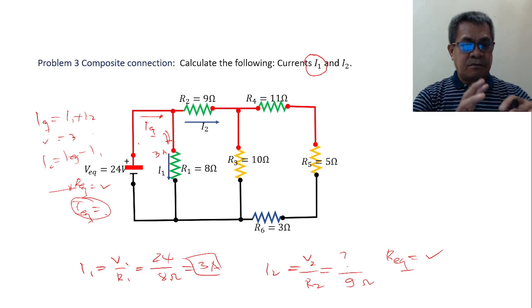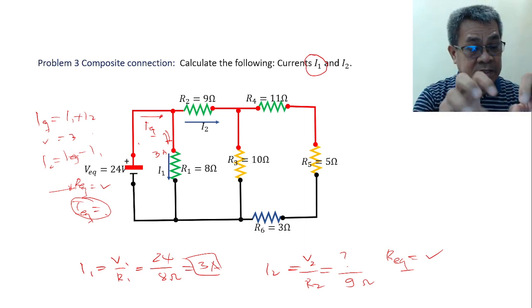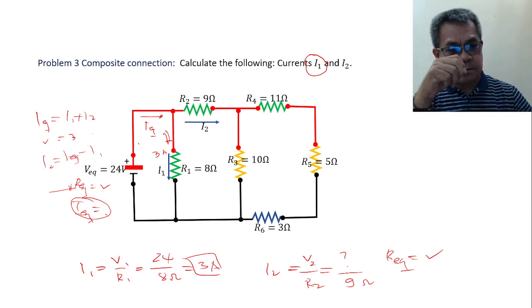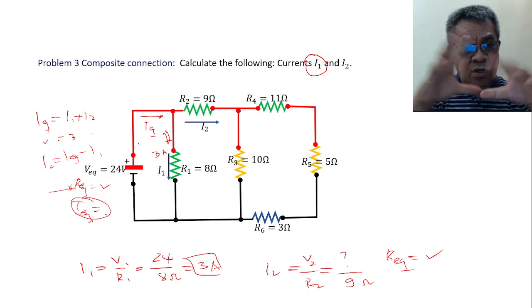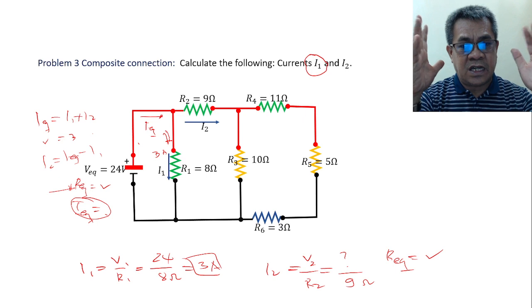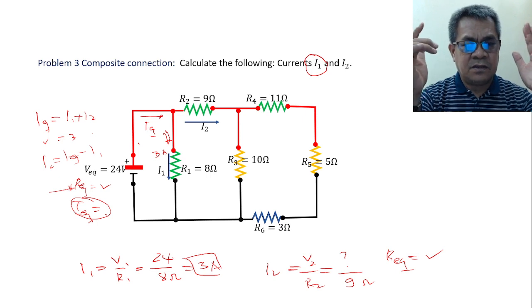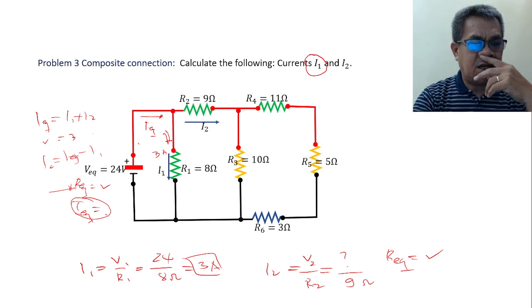So in short, we badly need to compress the circuit, because we want to calculate the I equivalent. And the I equivalent can be solved using Ohm's law at the source: V equivalent over R equivalent equals I equivalent.